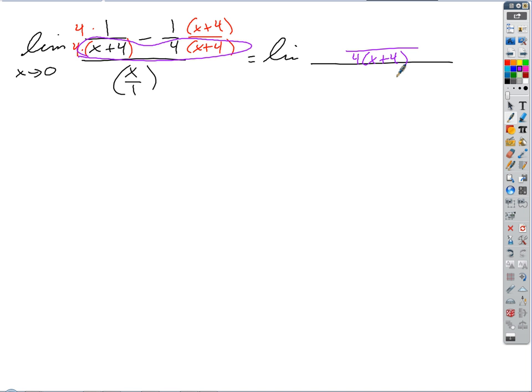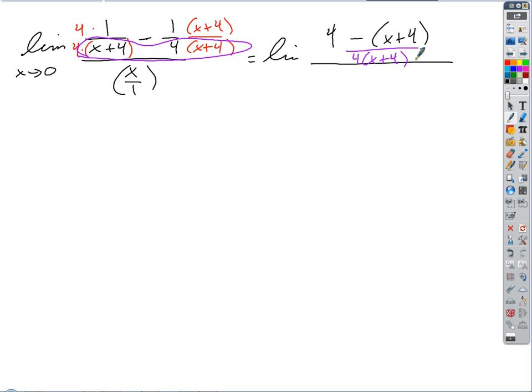Resist the temptation to expand. Because why? Well, we don't need to. This thing is gonna sort of self-clean when we take the limit and let x go to 0, right? There's no need to do all that extra algebra. Just more of a chance for making a mistake. It actually makes the process harder because you get the x showing up in more places lots of times. So leave the bottom as it is. What about the top? So I'm gonna get 4 minus the quantity x plus 4, right?